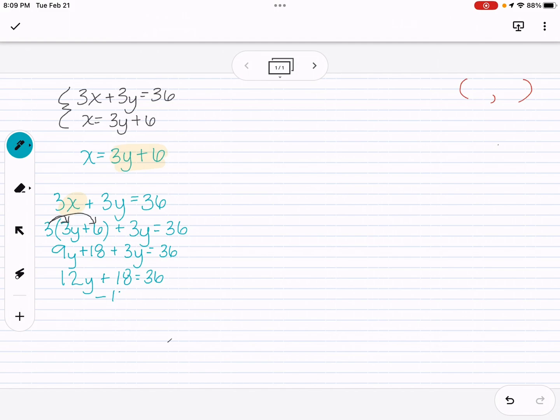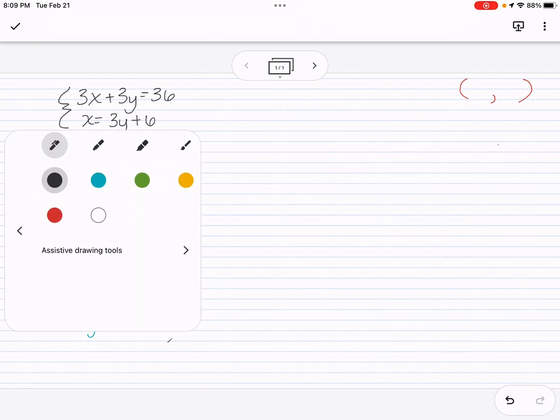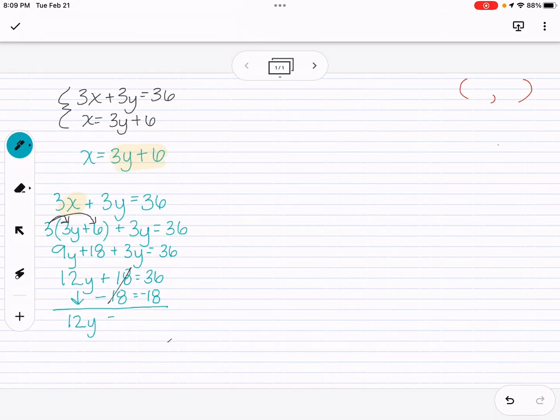I'm going to get rid of the 18 first. It was being added, so the opposite of that is subtracting. This cancels out right there. And we are left with 12y equals 18.